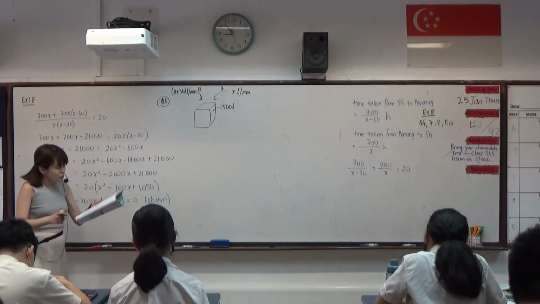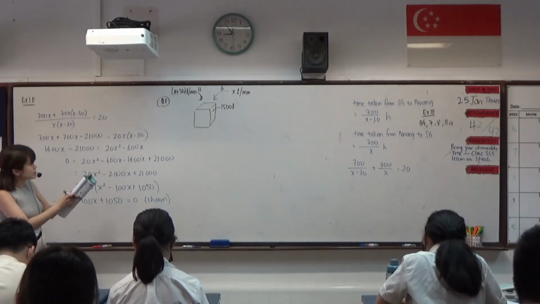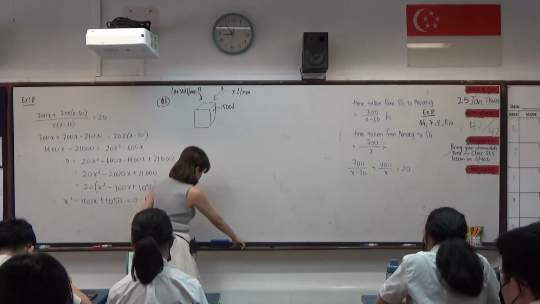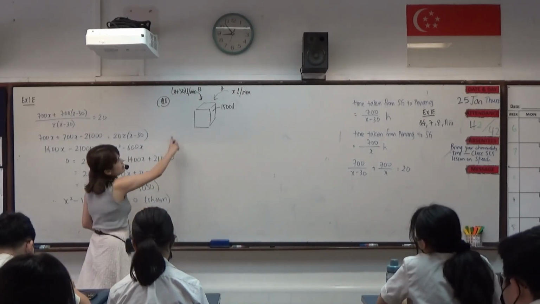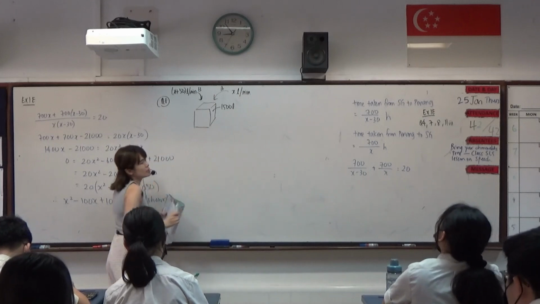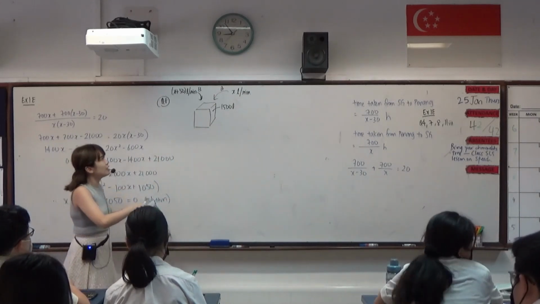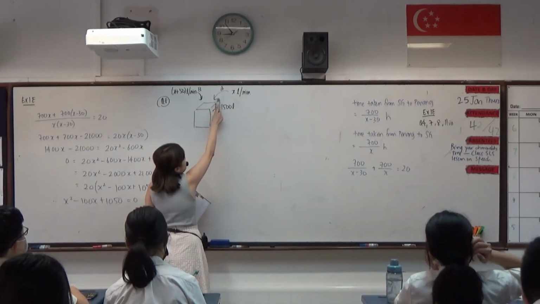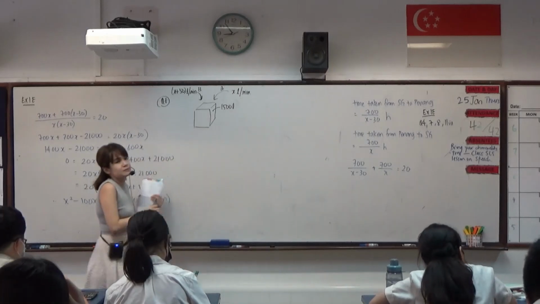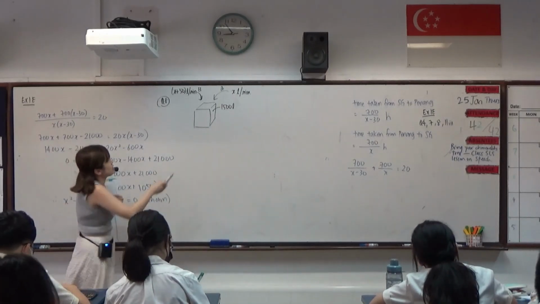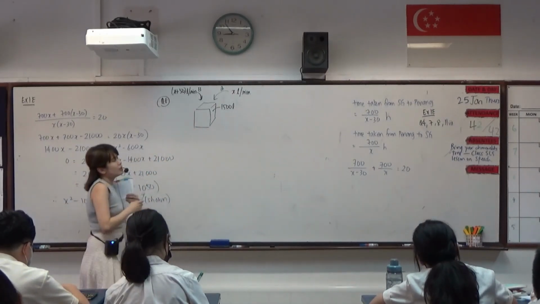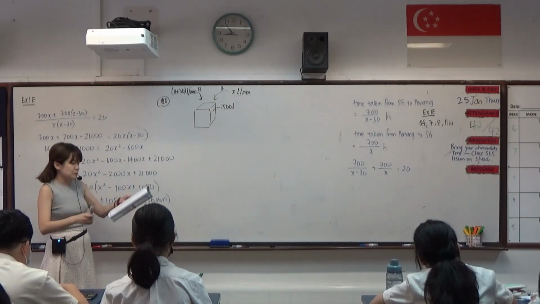So in question 8, just to give you the gist of the question, it says that there's a water tank. It can hold 1,500 liters. If we fill it using pump A, it fills at x liters per minute. If you're using pump B, it fills at a rate of x plus 50 liters per minute.